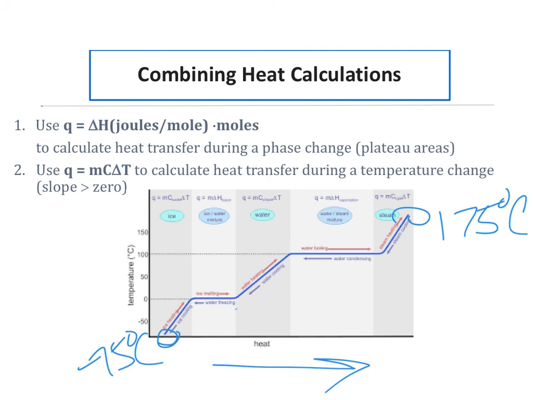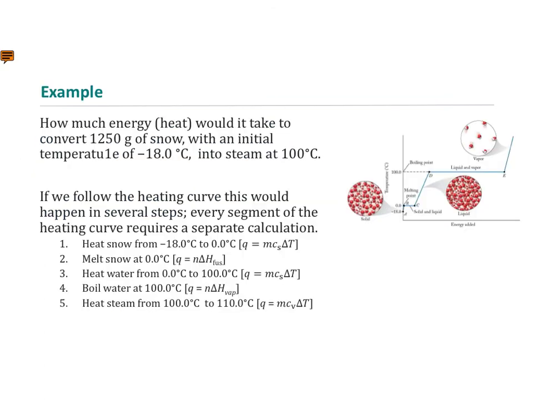It turns out that you have to do separate calculations. Every single leg of a heating curve has to be a separate calculation because there are different formulas. So this particular one would require 5 calculations, and then at the end you just add them all together. So let's go through an example.